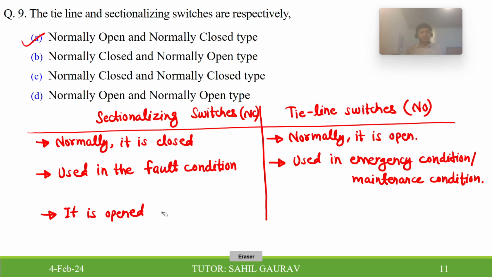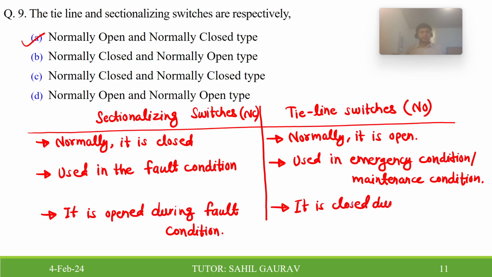We will see one figure from which you can understand, in the next one or two problems. It is open during fault condition, and it is closed during emergency condition or maintenance condition.